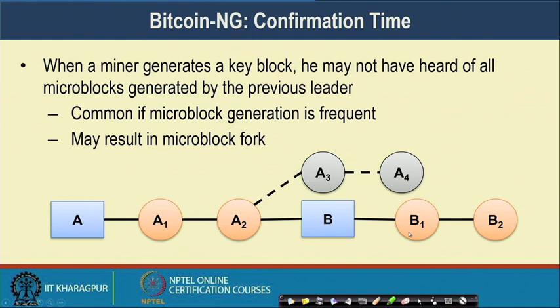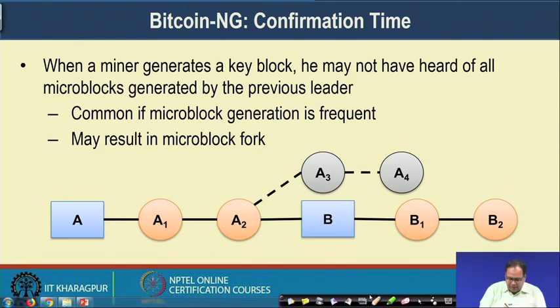Well, now there is one issue in Bitcoin NG, where there is a possibility of having a fork. The problem is something like this: when a miner generates a key block, he may not have heard of all the microblocks which have been generated by the previous leader.